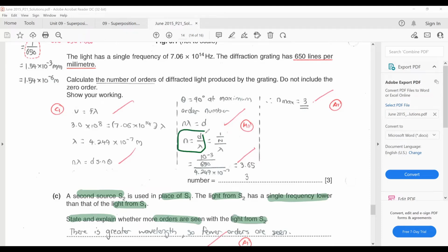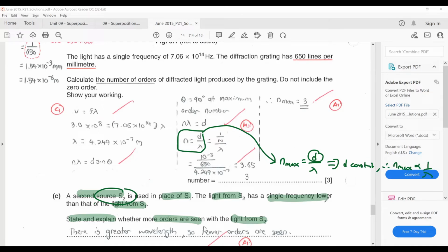The conclusion you could have gotten from doing this question was that n max is d over lambda. When you made this change here, you did not change your diffraction grating, you only changed your source. So since you did not change your grating, the distance between the slits ought to remain the same. d here is constant. Therefore, n max is inversely proportional to wavelength.